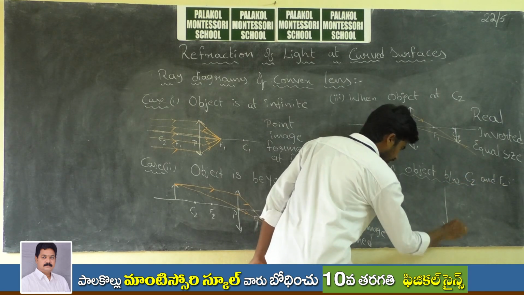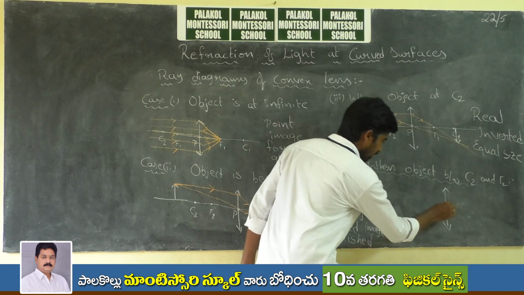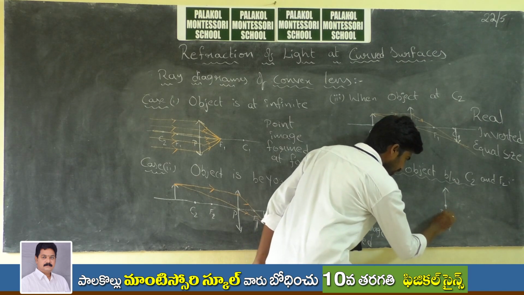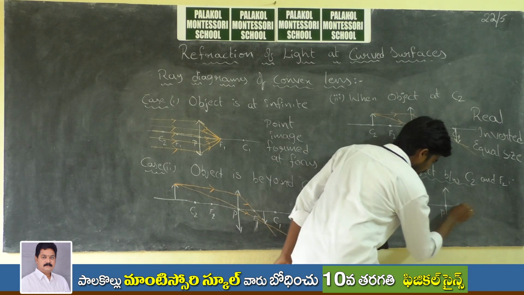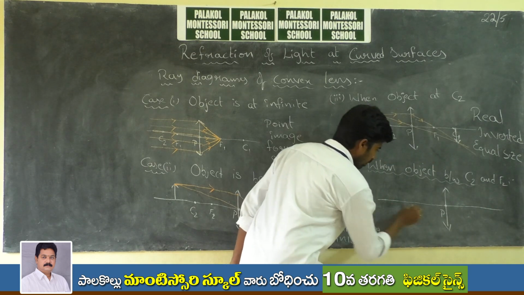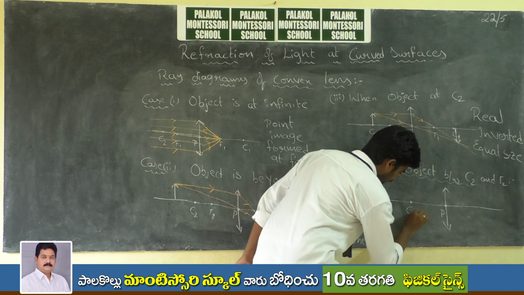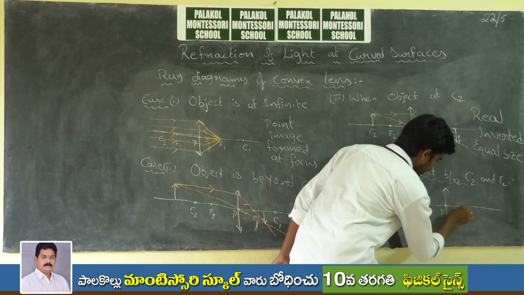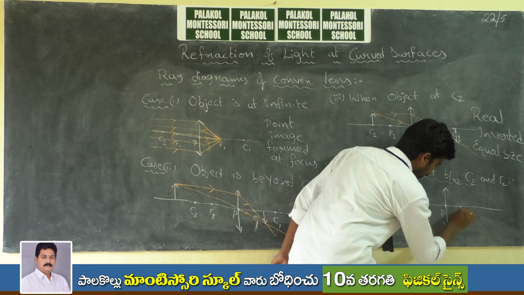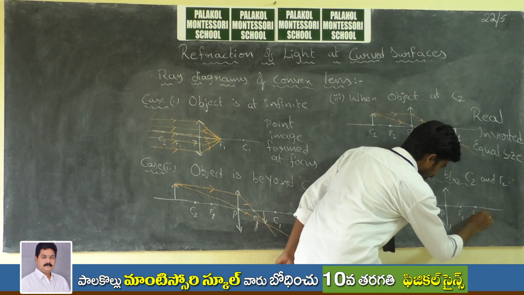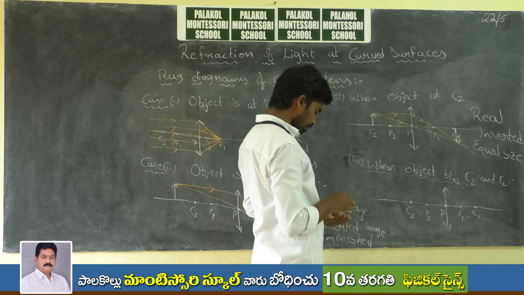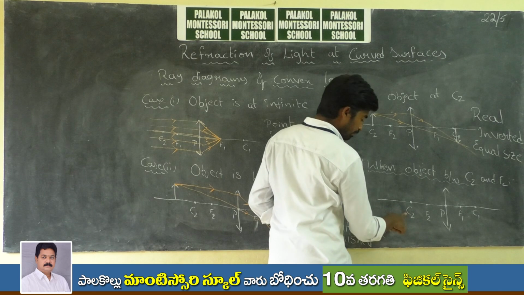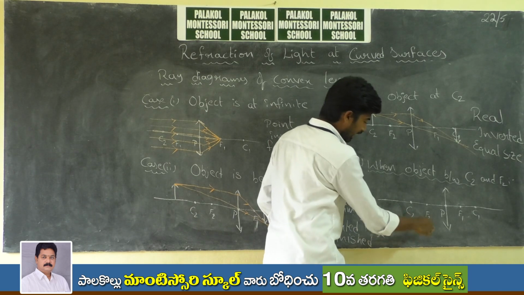Again I have considered a convex lens. This is the pole, the midpoint of the lens. This is the center of curvature of the second surface C2, F2, and again F1, C1.